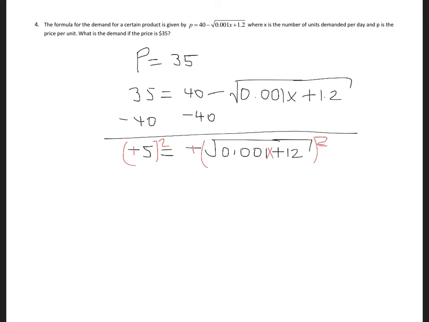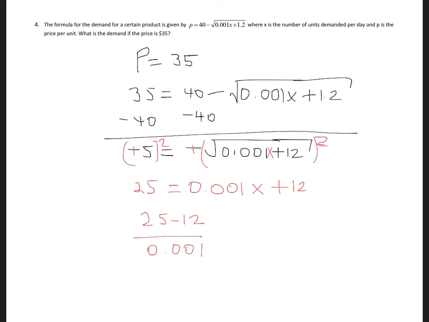So I get 25 is equal to 0.001x plus 1.2. So then I do 25 minus 1.2 over 0.001. Actually, not 12 but 1.2.